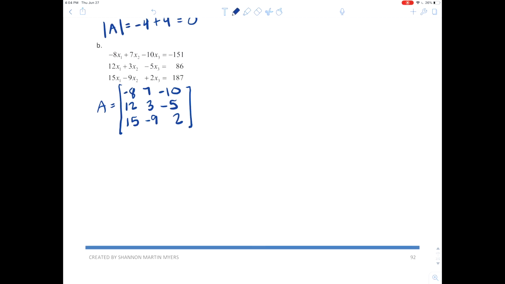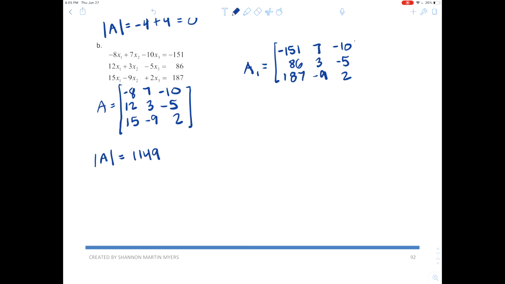So we can go ahead and find the other determinants. A1: the subscript is 1, so in column 1 you put the column of constants: negative 151, 86, and 187. The other columns stay the same: 7, 3, negative 9 for column 2, and negative 10, negative 5, and 2 for column 3.